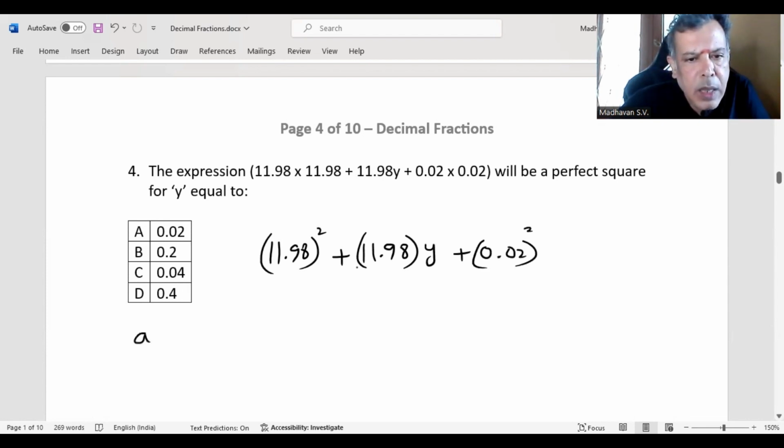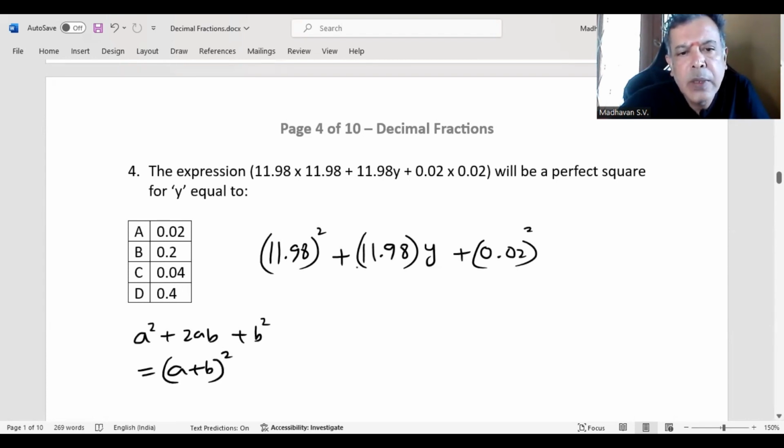We know a square plus 2ab plus b square is nothing but (a plus b) the whole square. Here, if we consider a as 11.98 and b as 0.02, then what is missing is that y should be 2 times 0.02.